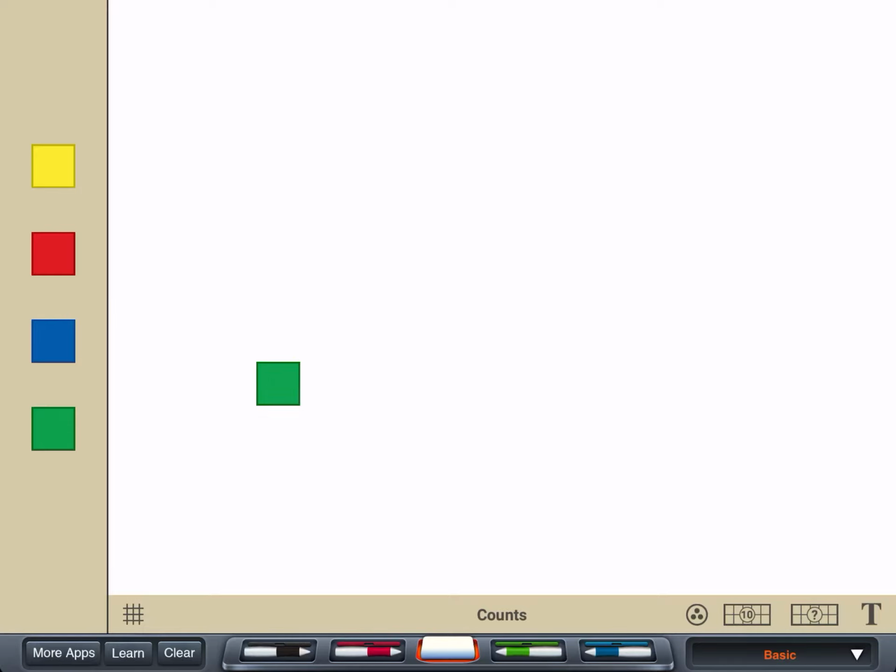I want you to say if this is a perfect square or not. What do you think? Is this a perfect square?